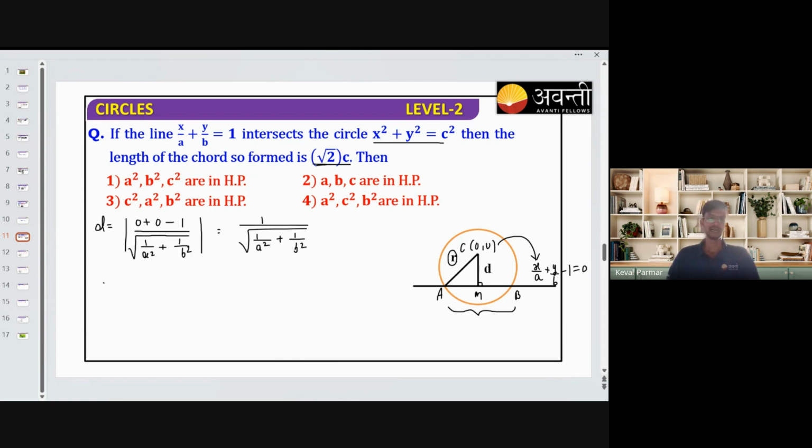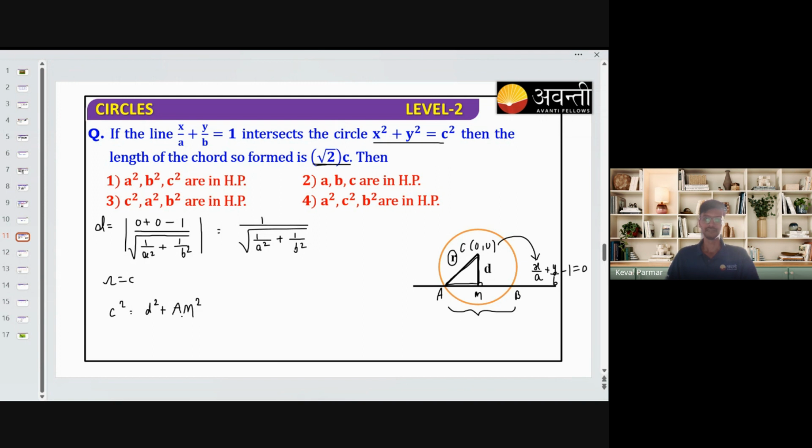What is r? r is given as c. Now we can use Pythagoras in this right angle triangle, as you can see. If I use Pythagoras, I'll get radius square, which is basically c square, equals d square plus AM square.